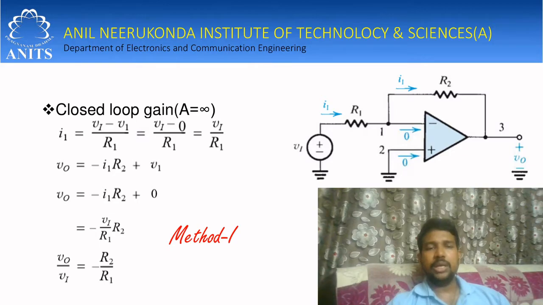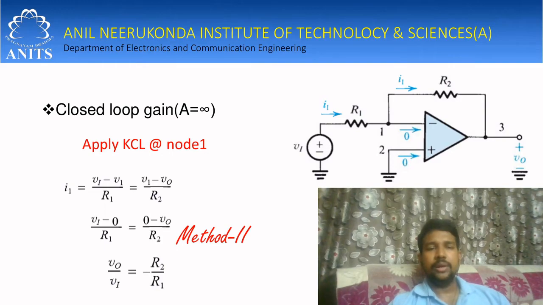That is, the voltage gain of the op amp when it is connected in the inverting mode configuration is minus R2 by R1. But please do remember that here A is taken for granted as infinity. That means the op amp is said to be ideal. Only when the op amp is ideal is this expression for voltage gain valid.